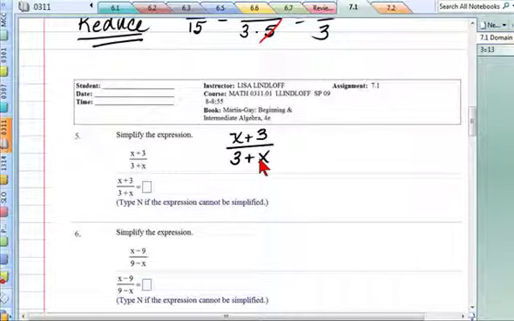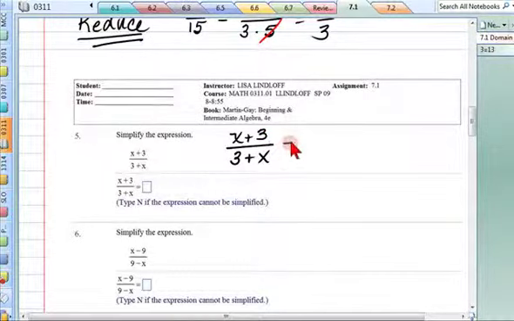The first thing you're going to need to ask yourself about any rational expression is, can I factor the top? Can you factor x plus 3? Well, is there a common factor? No. It's a binomial. Is it squares? Is it cubes? No. Then the answer is no, I can't factor that.